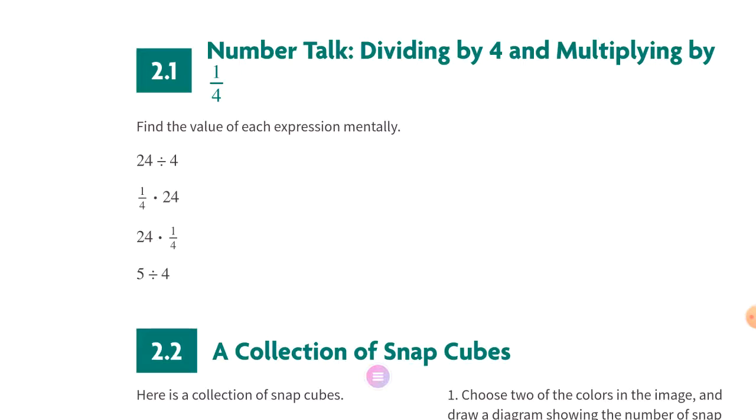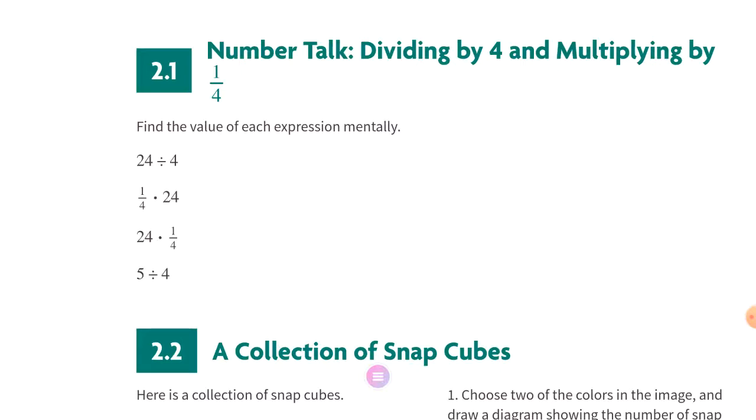Does anybody know anything about dividing by 4 and multiplying by 1/4? Owen? If the number is less than a whole, you're going to get a smaller number than you're multiplying. Okay, I agree.